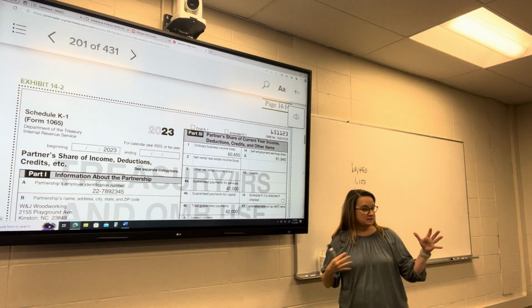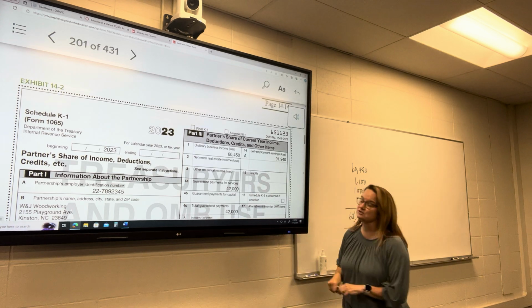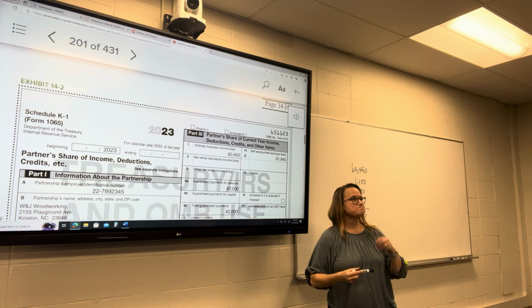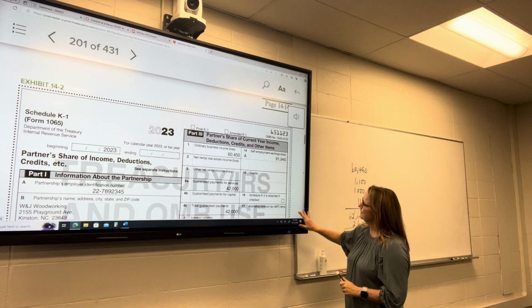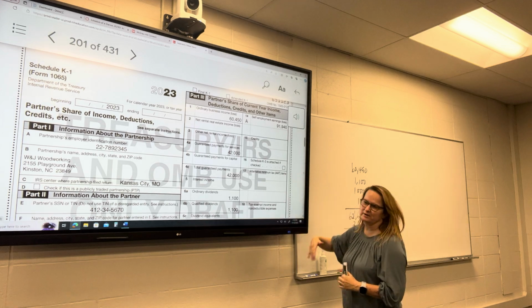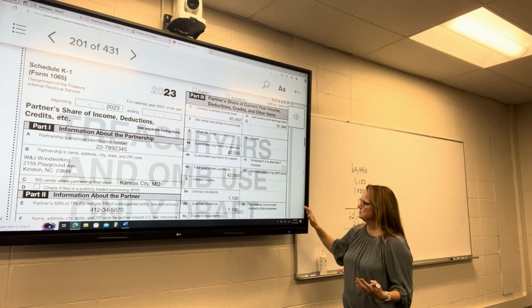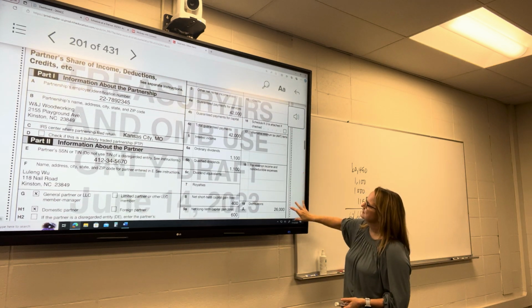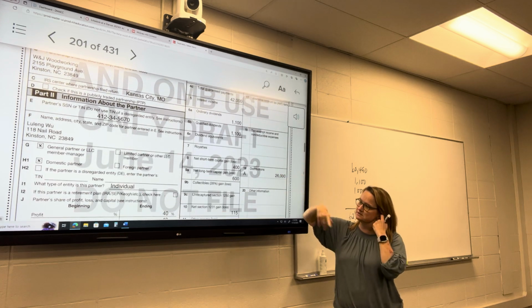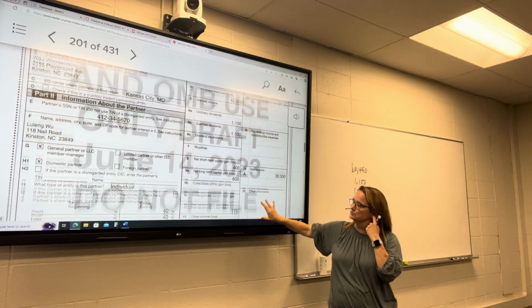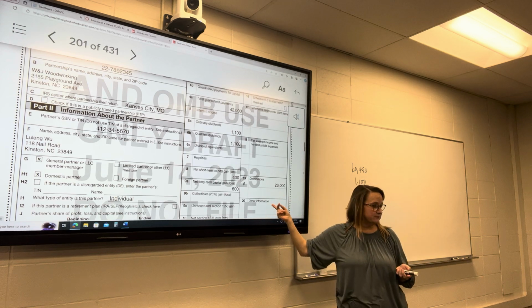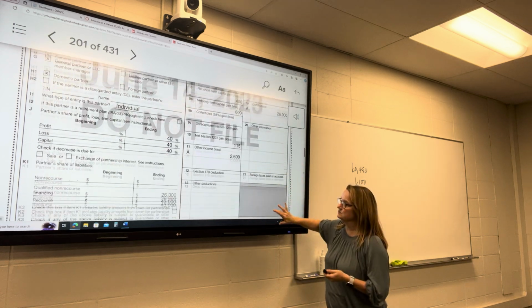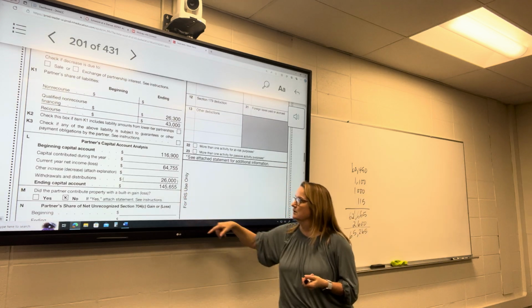So if there are any credits that they get a distributive share of, those would be like maybe work opportunity credit, tax credit, that kind of thing. Or if there were any energy efficiency credits, that sort of thing. And then distribution. So this individual received $26,000 from the partnership. That's going to reduce their basis in the partnership, that's why it's also included over there.